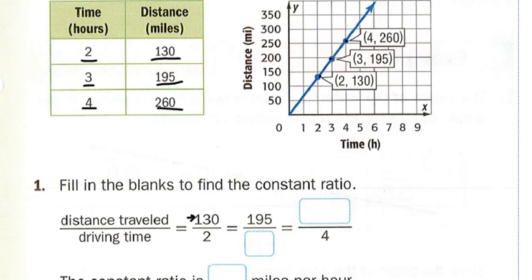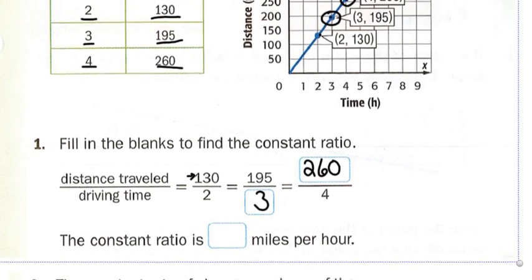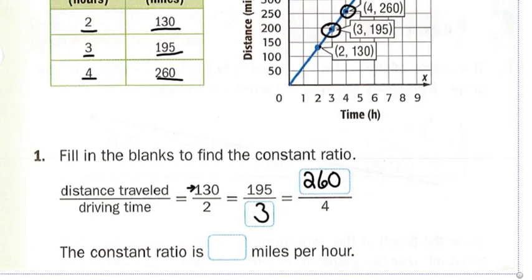If we look up here at our chart, we can see 195 on that point right there comes down to 3 hours of travel time. And if we've traveled for 4 hours in that last one, how far have you gone? If we go over here to our chart, we go to 4 and we go all the way up there. We find that point right there tells us that after 4 hours, you've traveled 260 miles.